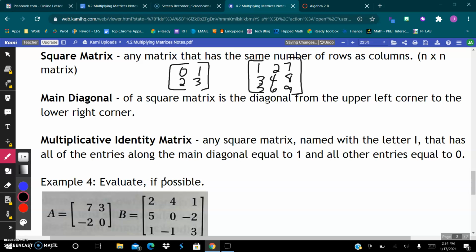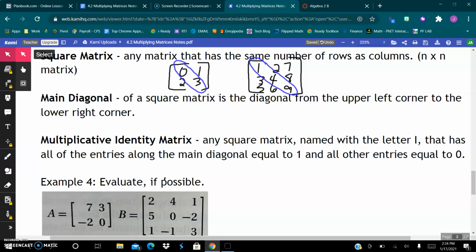That's a square matrix. The main diagonal of a square matrix is the diagonal from the upper left corner to the lower right corner. So that would be the main diagonal here, and that would be the main diagonal in that one.